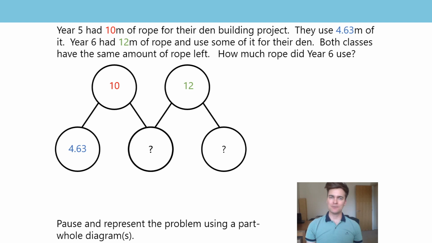That middle part on the bottom row that's shared by both Year 5 and 6 represents the same value. It represents the amount of rope that both classes had left. We know Year 5 used 4.63 metres. We need to answer the question by saying how much Year 6 used.